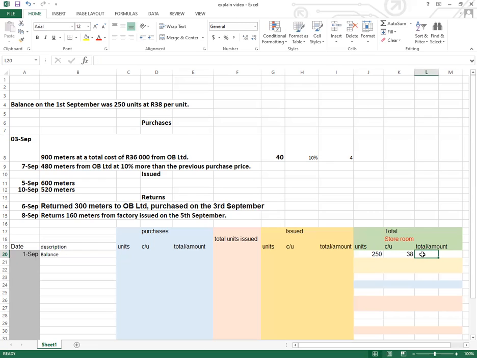The total cost is 38 Rand times 250 units.